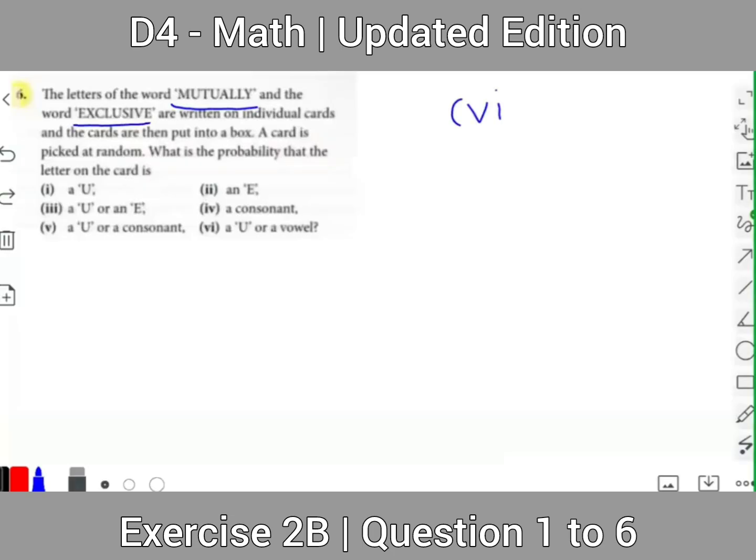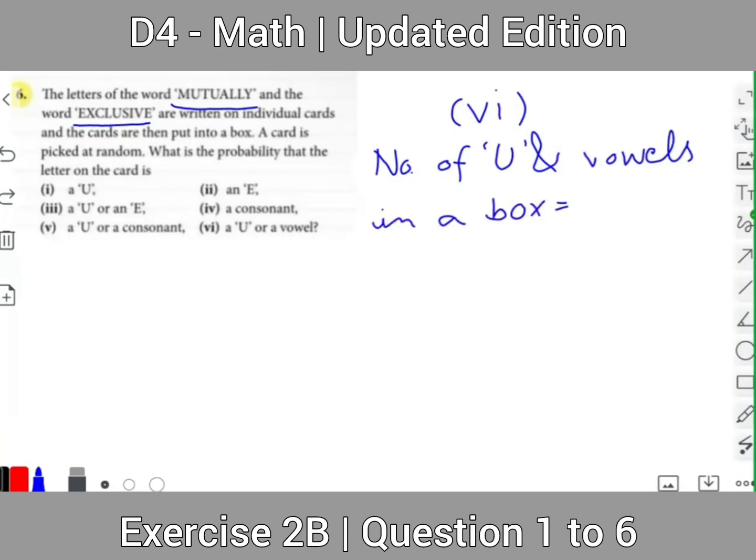Now in part 6, we have to find out the probability that the letter on the card is a U or a vowel. So first, we have to count the number of U's and vowels in the box. First we will see the number of U's and vowels in both the words.